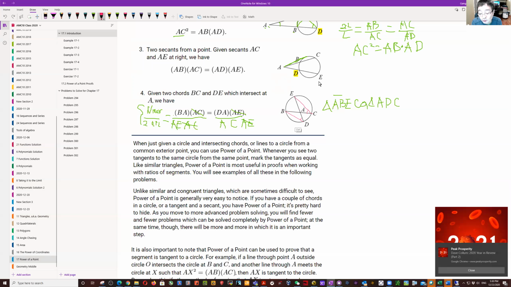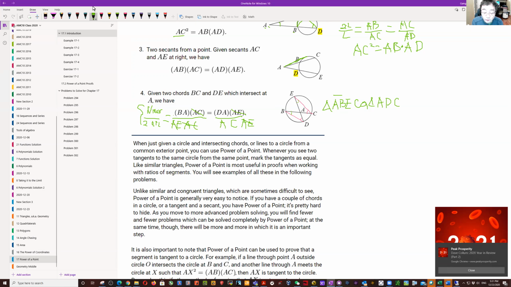You don't even really need the vertical angle because, for example, this angle is facing this arc. Then if I change the color, this angle is facing arc CD. So just using the arcs they are facing, you're able to prove that they exist.